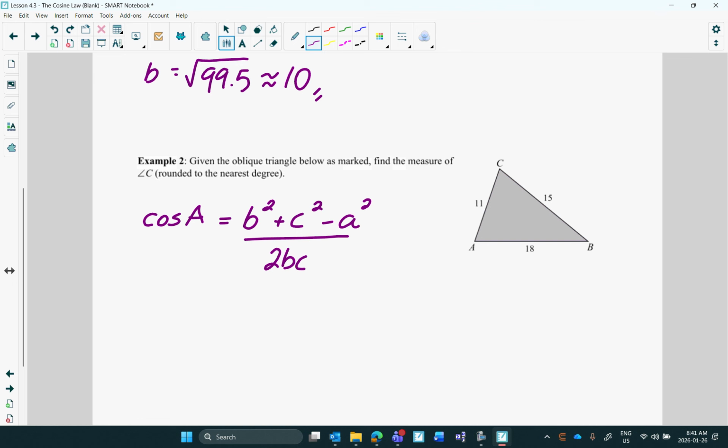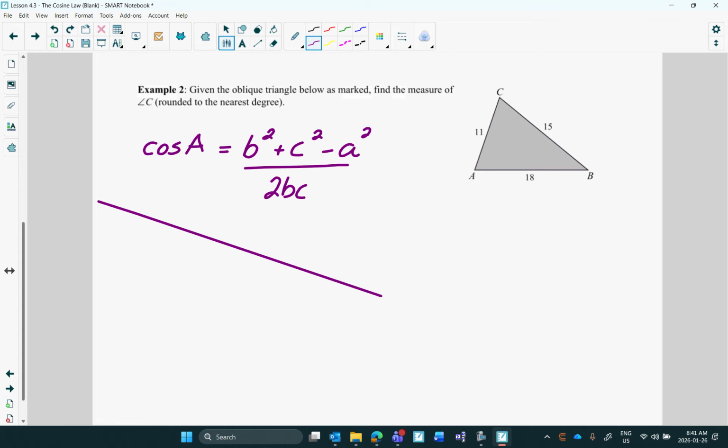So notice which side goes after the minus? The one that's opposite the angle. You will be given this formula as well. So really cosine law is just a matter of plugging in correctly and calculating properly.